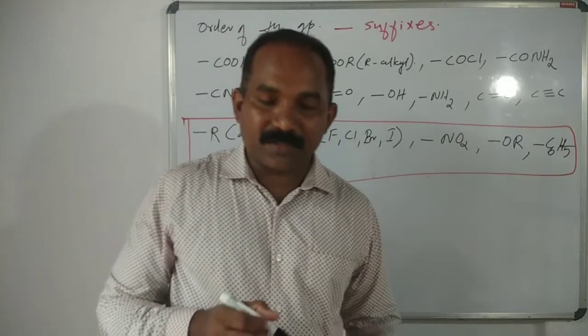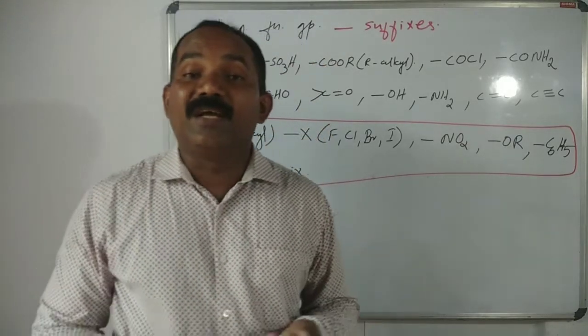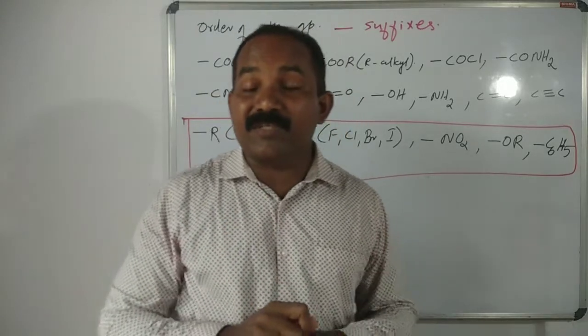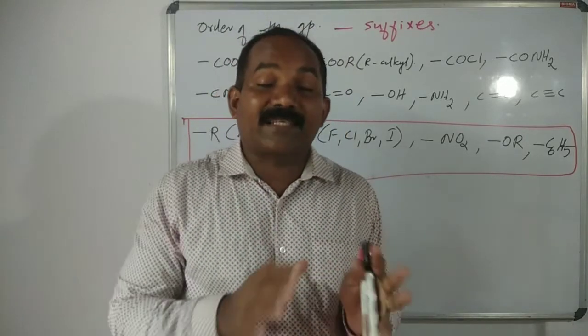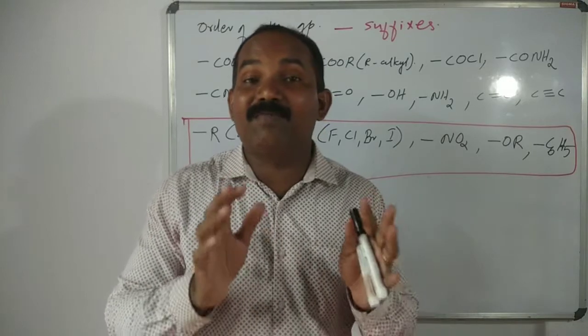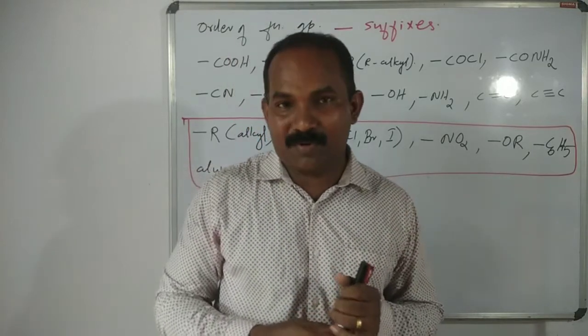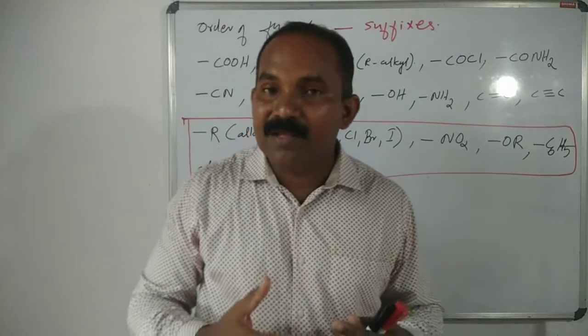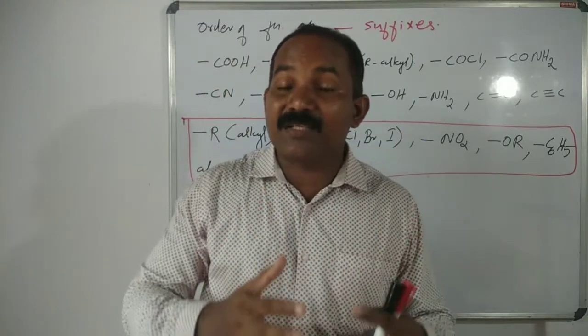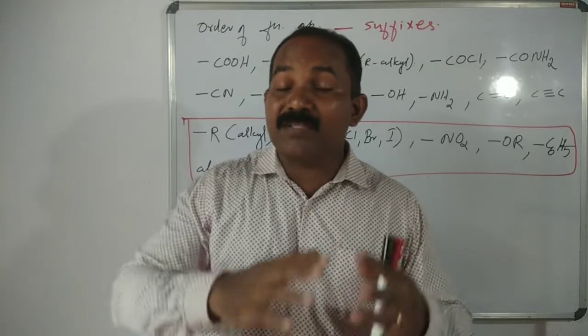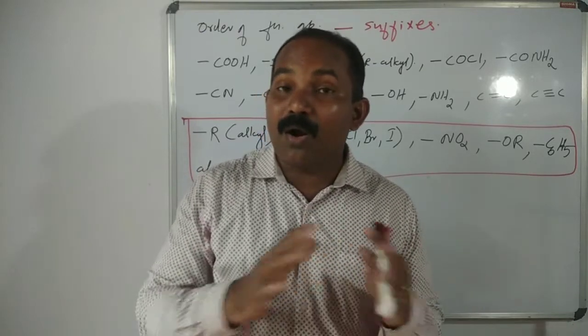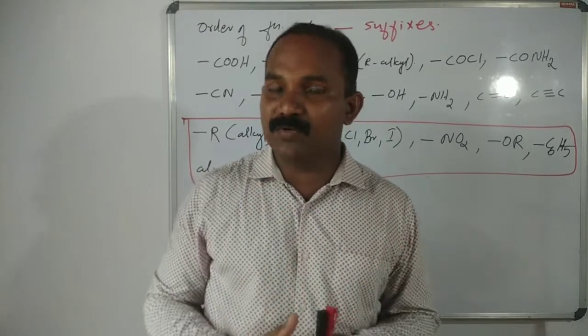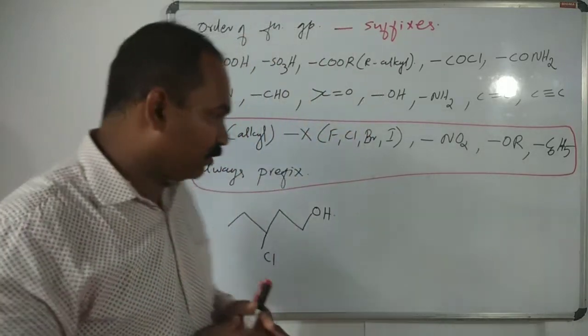One more point: select the longest hydrocarbon chain which includes the maximum number of substituents and functional groups. That's very important. If more than one functional group is there, we select the longest hydrocarbon chain which includes all the functional groups.